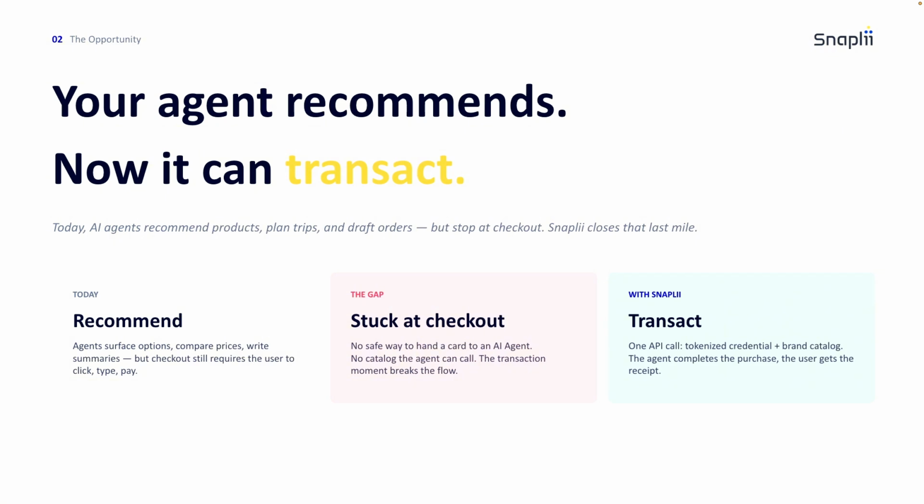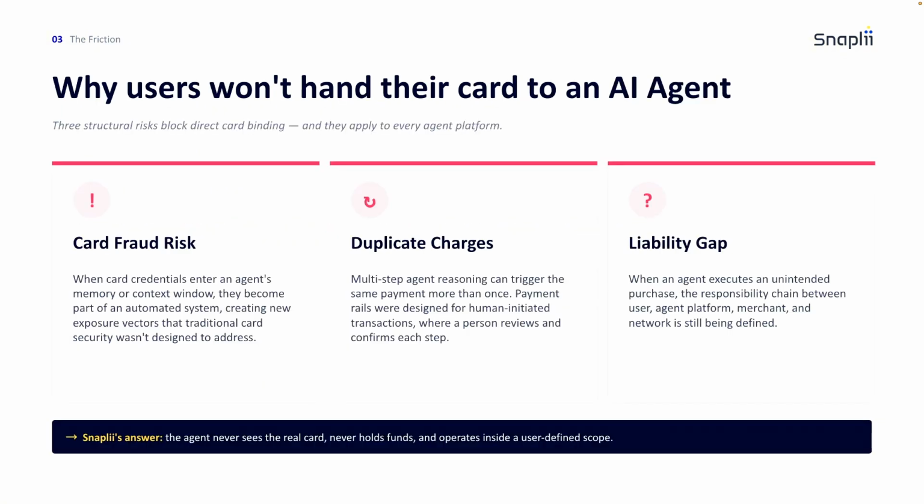Recently, we built our agentic payment skill. If you are a founder building an agent, we can allow your agent to make a real-world payment. Nothing to do with crypto, but in Canadian dollars and American dollars. So your agent recommends, and now it can transact.